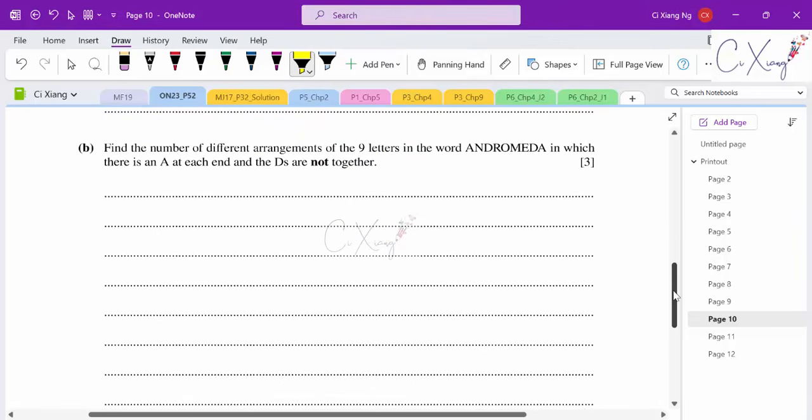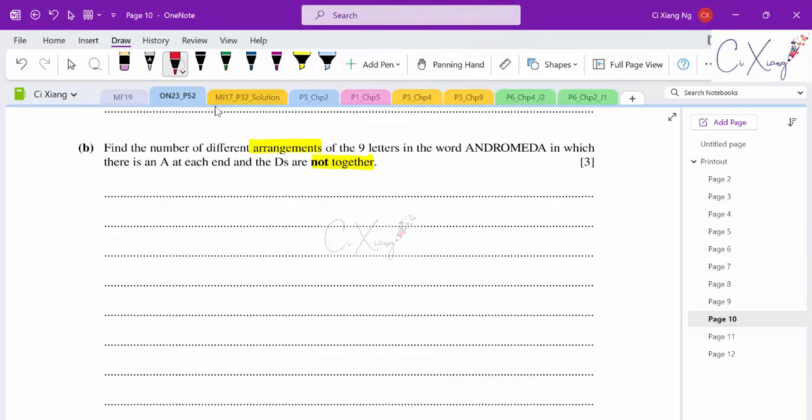Okay, so for part number B, now they give us some other restrictions here. Find the number of different arrangements of the 9 letters in the word Andromeda, in which there's an A at each end and the D's are not together. Okay, so for this arrangement, they have fixed the A at a certain position here, which is at each end.